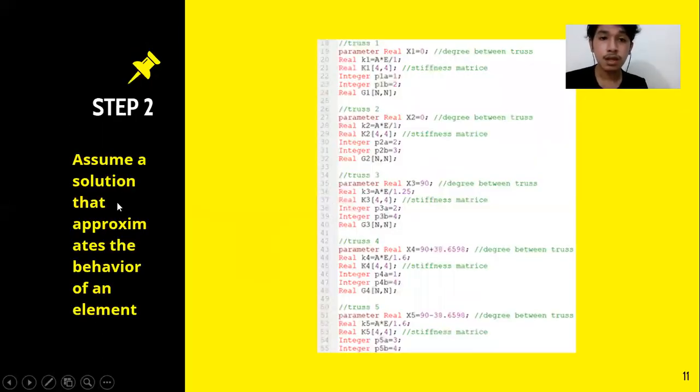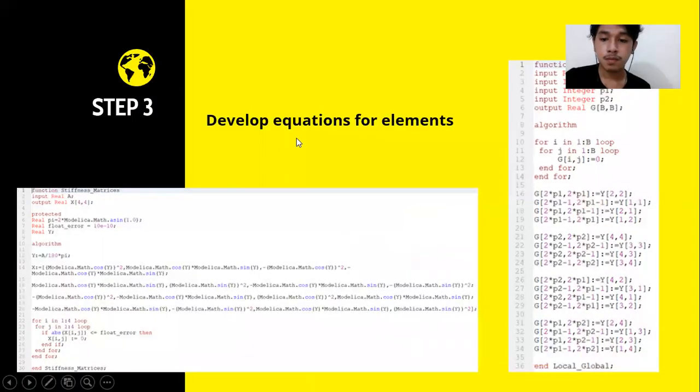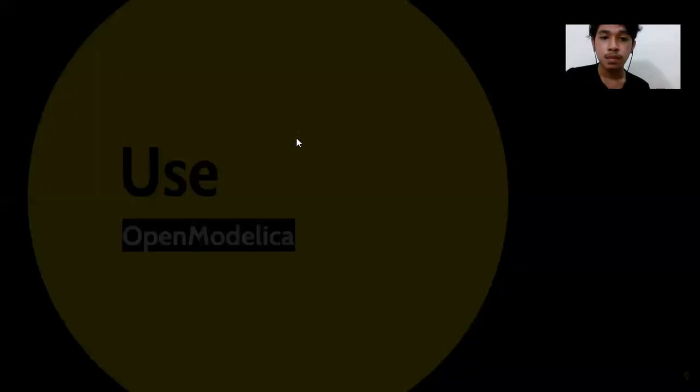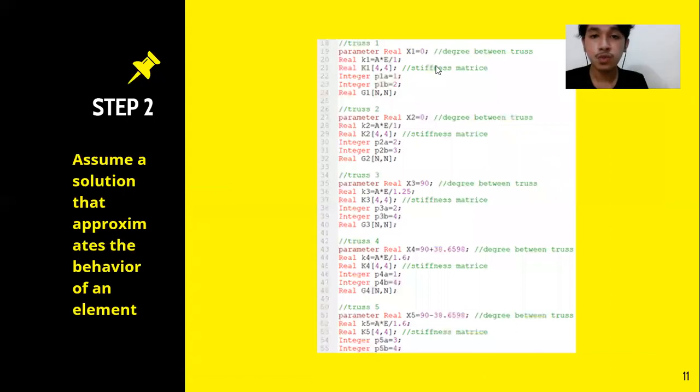So step 2, then we assume a solution that approximates the behavior of an element. So as we have found before, there are 5 trusses. Initially, there are 4 trusses, but one of the trusses is divided into 2, so there are a total of 5 trusses. So for example, in truss 1, the angle is 0.